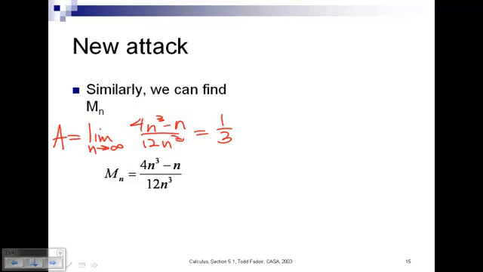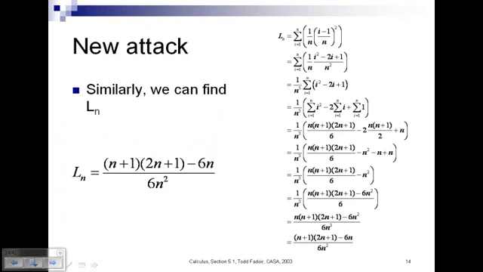What do I want? Slide 14. Here's LRAM. What happens when we have an infinite number of rectangles for this? Let me clean this up just a little bit for you. Ready? This times this is going to give me a 2n squared.